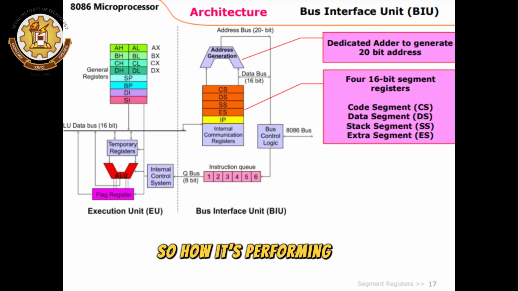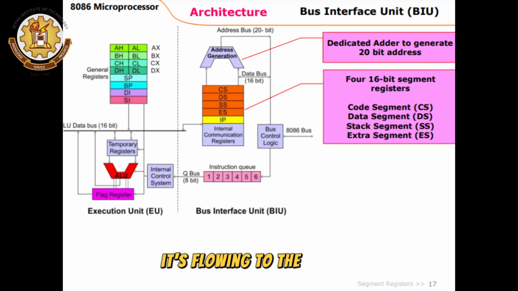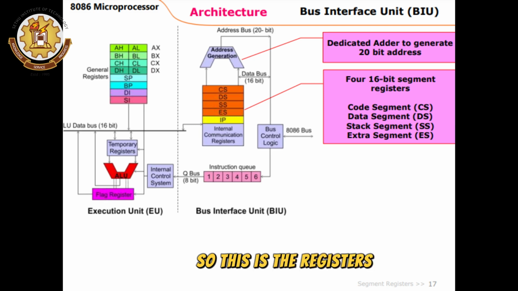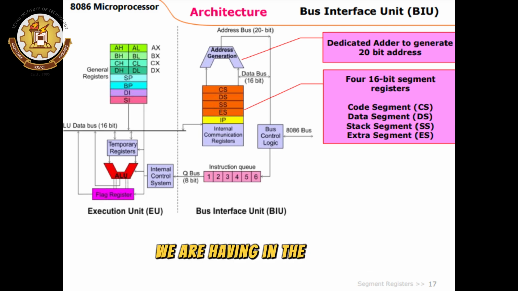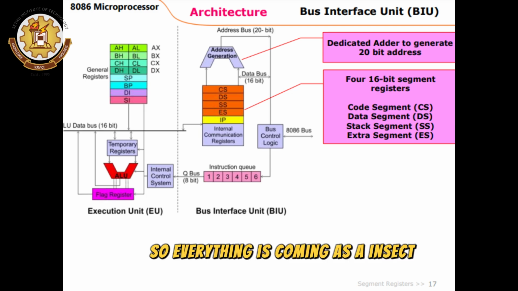All 4 registers flow to the offset address. Based on the offset address, these are the registers we have in the bus interface unit. After that, it moves forward to the instruction queue. Whatever the data or register, it moves from there to here. Everything comes as an instruction queue, and based on the instruction queue, it is performed.